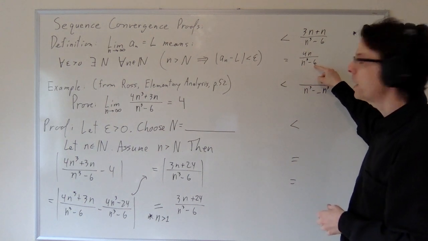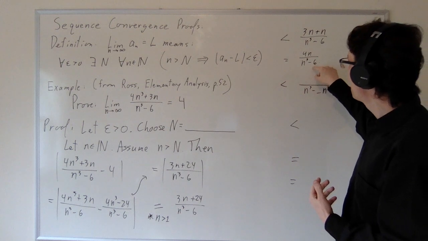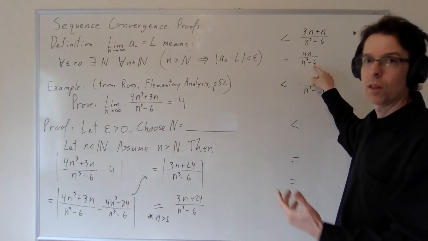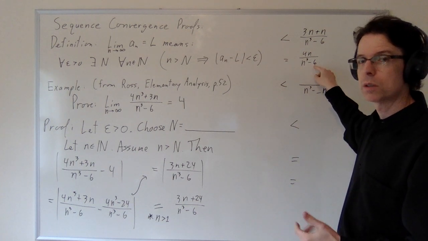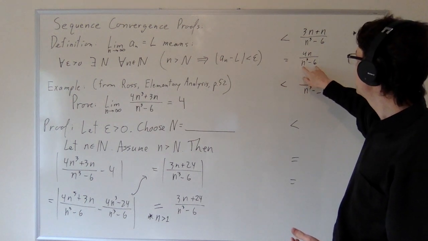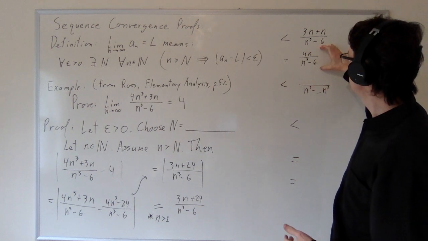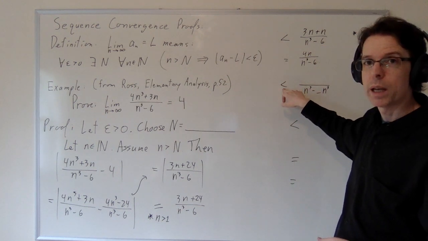And if I allow the denominator to get smaller, the thing subtracted from this n cubed can get larger. And so my plan is to make this 6 larger. So let's recap. I will make the 6 larger with the intention of making the denominator smaller with the intention of making the fraction larger, which will be the right inequality.